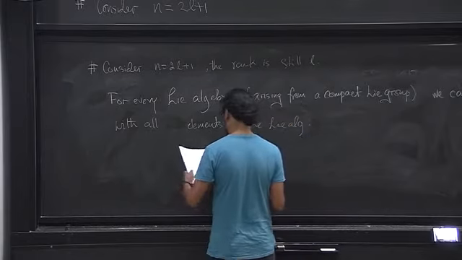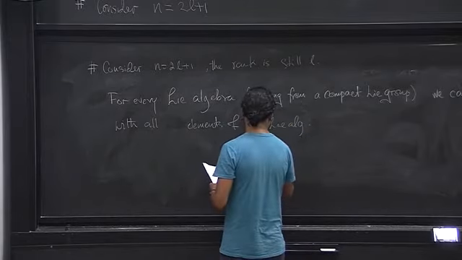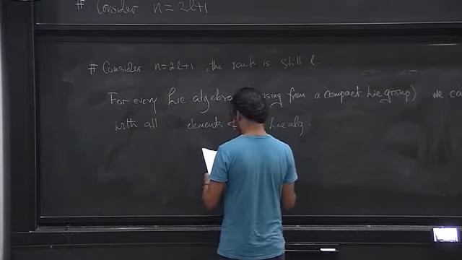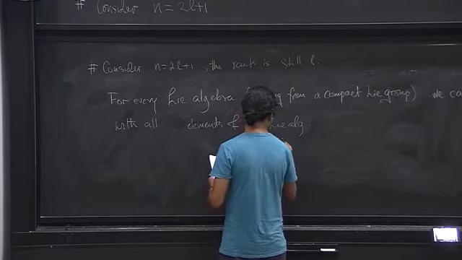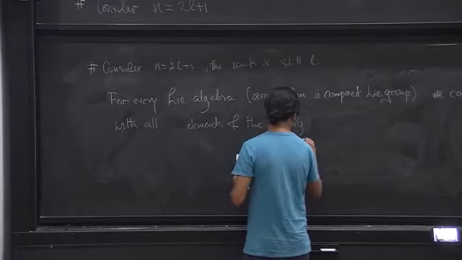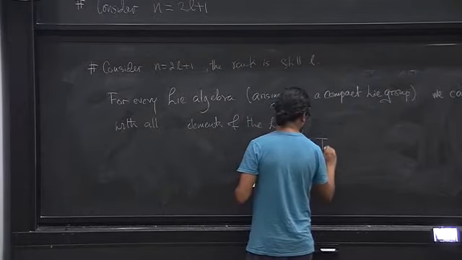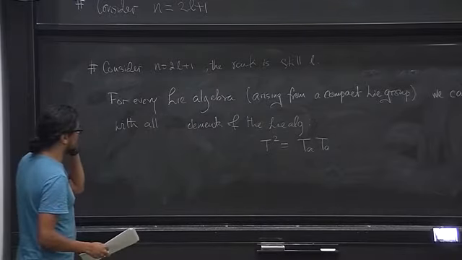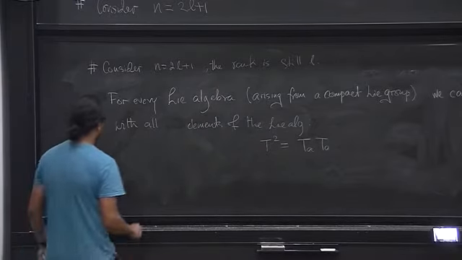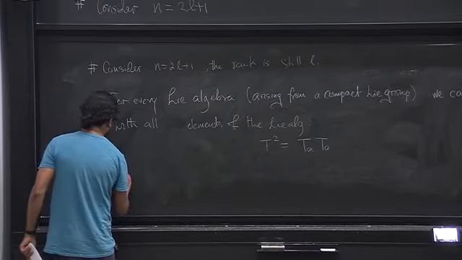So the Casimir is defined as a sum over all the elements of the Lie algebra. Now, I leave it as an exercise.